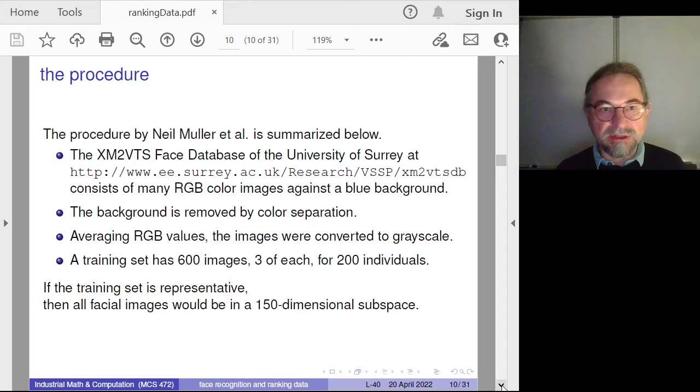Here, that image database consists of color images, but it allowed them to extract the background, and the images were then converted to grayscale. So the training set contained three different pictures of 200 individuals.